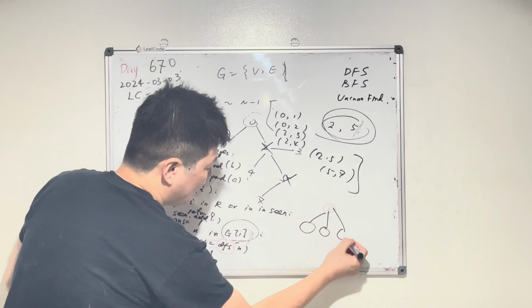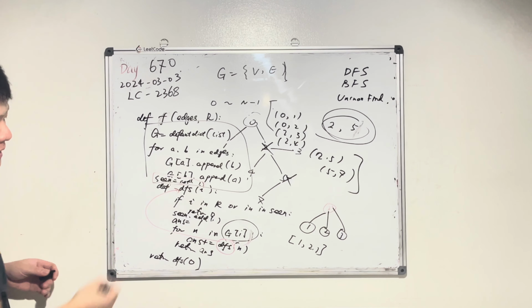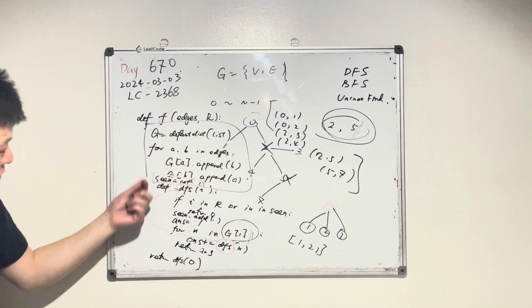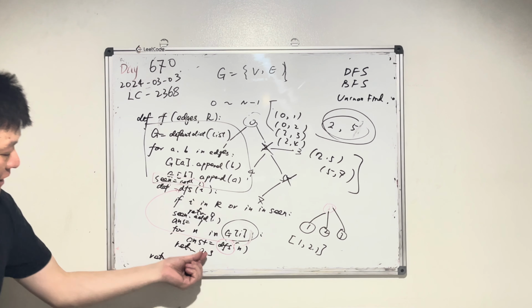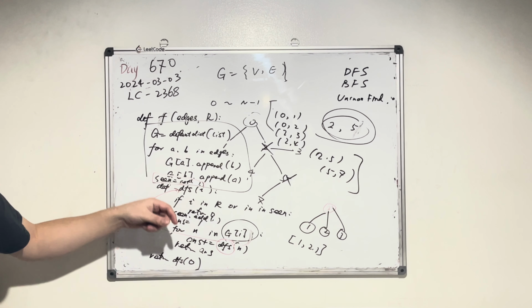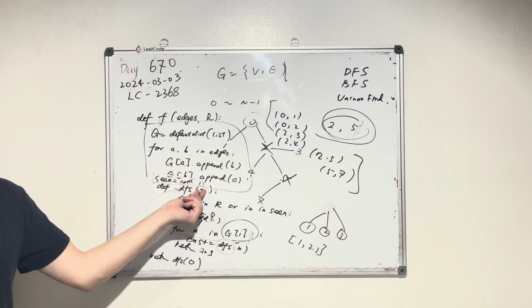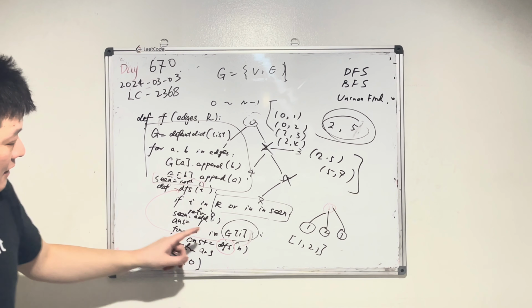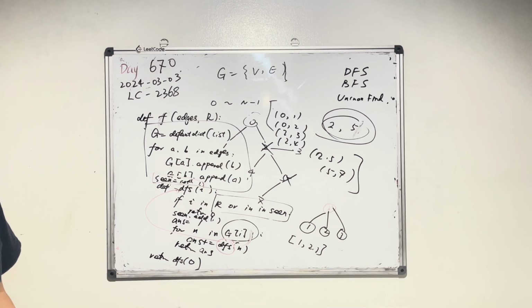We're building the graph here, okay, and then we perform a DepthFirstSearch using the recursive way and return answer. The DepthFirstSearch function returns the number of nodes that this node I connects to, and we check if the node is in the forbidden set, then we return 0. Okay? Does it make sense here?